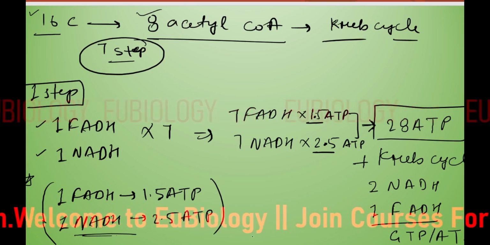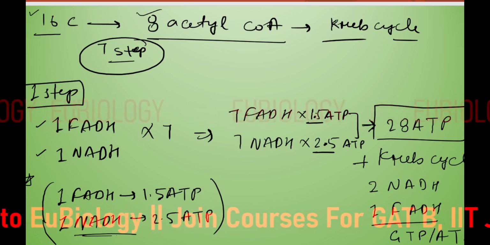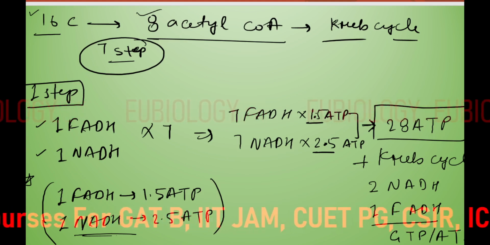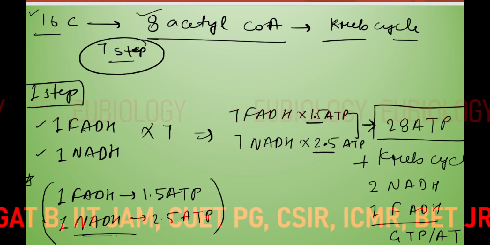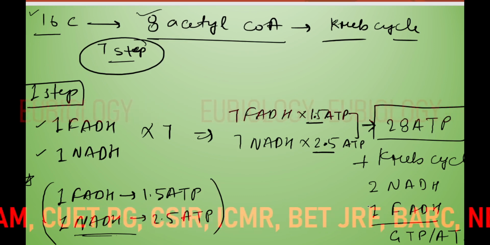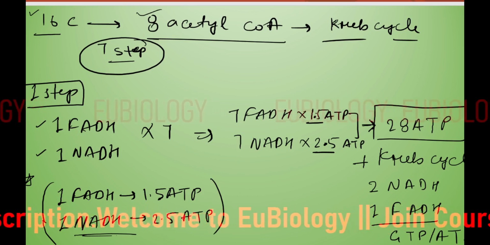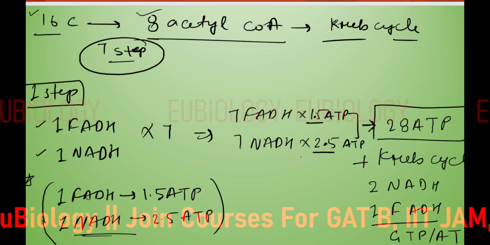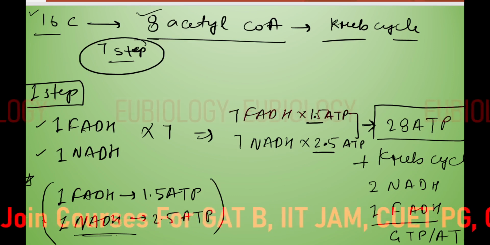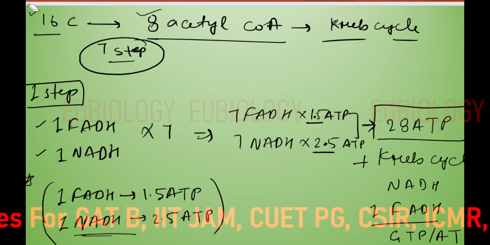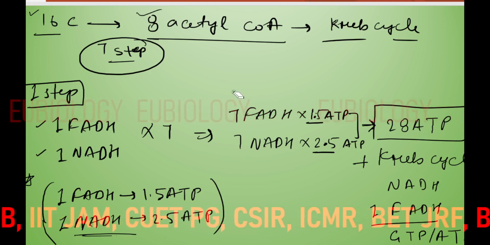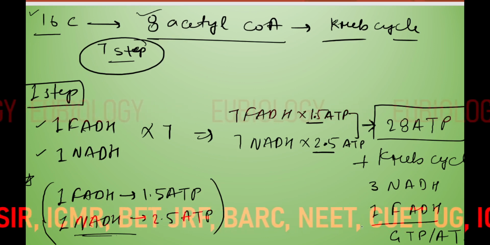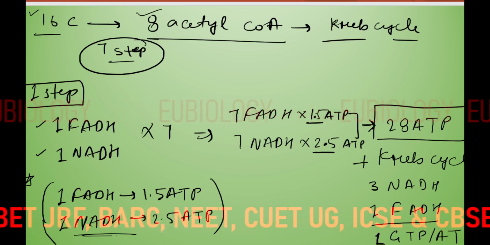As you know, in one Krebs cycle, three NADH will form, one FADH will form, and one GTP or one ATP will form.